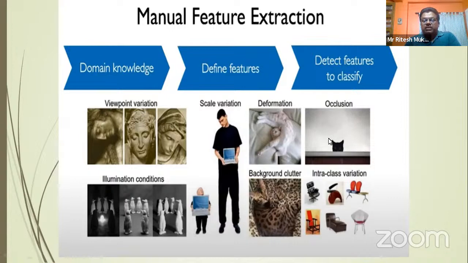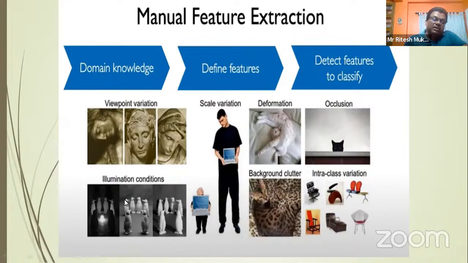Now occlusion. You can see this cat is not visible properly because only the facial part of the cat is visible. So partial occlusion or complete occlusion is one of the obvious problems which we have to somehow manage. During the COVID period, in most cases facial recognition was very difficult because of the mask, right?